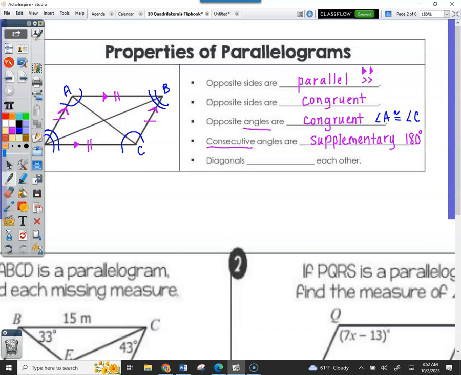Okay? It's the whole corner. It's not just a little piece. It's the whole corner. All right. And then I'm going to come right here in this little gap and I'm going to make a note. For example, angle A plus angle B equals 180 degrees because they are consecutive.